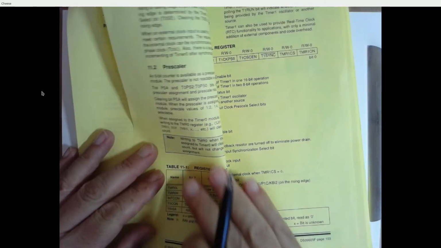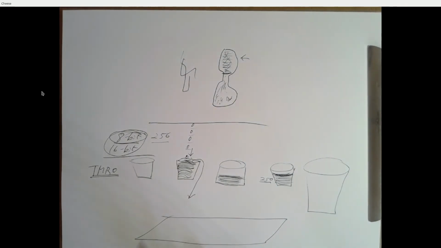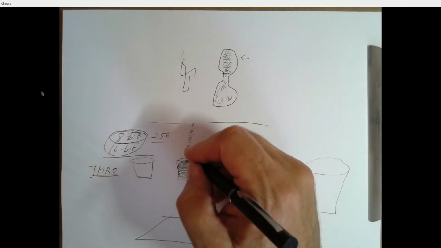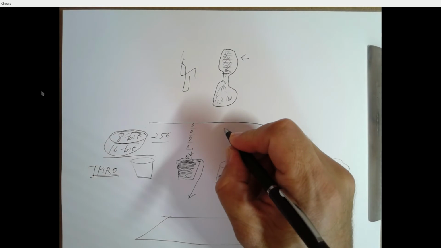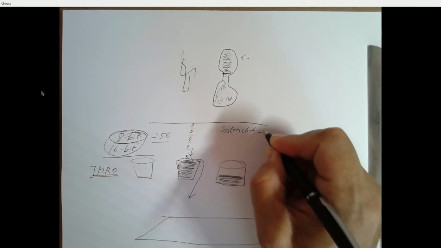The initial value we put in TMR0, that timer 0 register, which is either 8 bits, timer 0 low, or 16 bits, low followed by high. That initial value is how full the bucket is to begin with. The dropping of the water normally occurs at your system clock divided by 4.